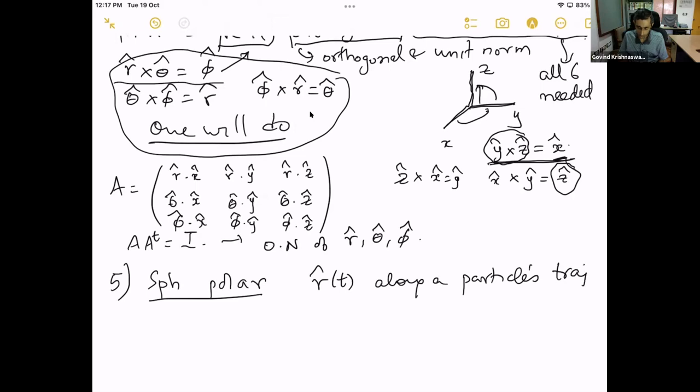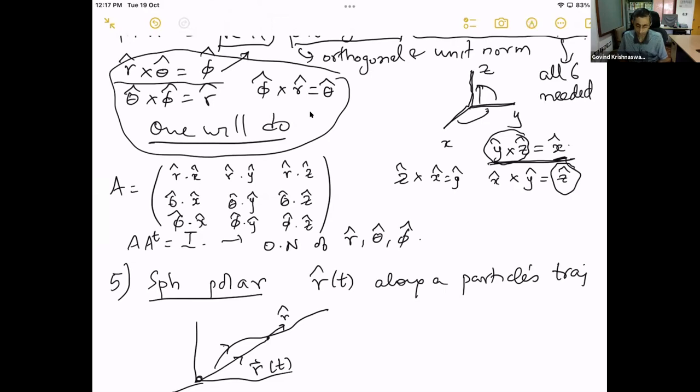So here is the trajectory, and at any point, let me draw my coordinate axes. This is the origin. This is the radius vector or position vector at time t, the particle moving this way. And at this point, you've got the r hat vector, the unit vector.